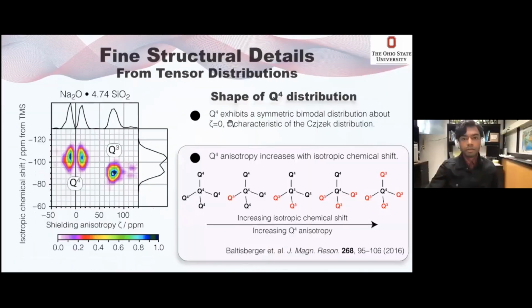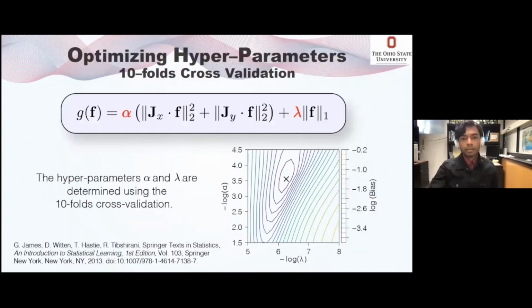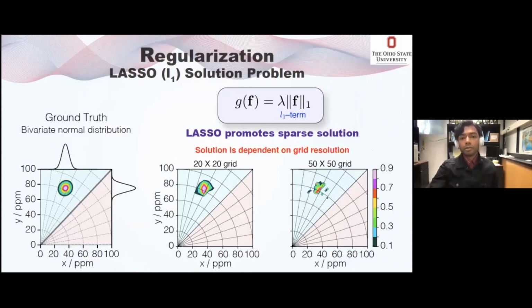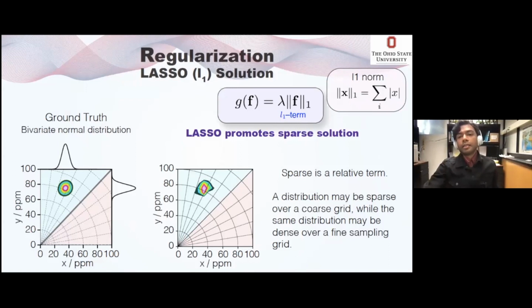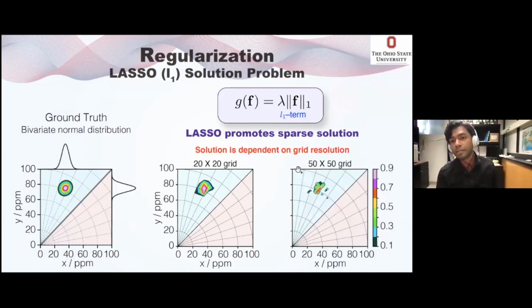Okay, so there's a whole series here. So the LASSO regularization that we have here will always choose the most sparse solution that you have, which in turn makes it grid dependent. So if I take the same ground truth solution and bin it on a coarser grid, the distribution that I get is sparse.